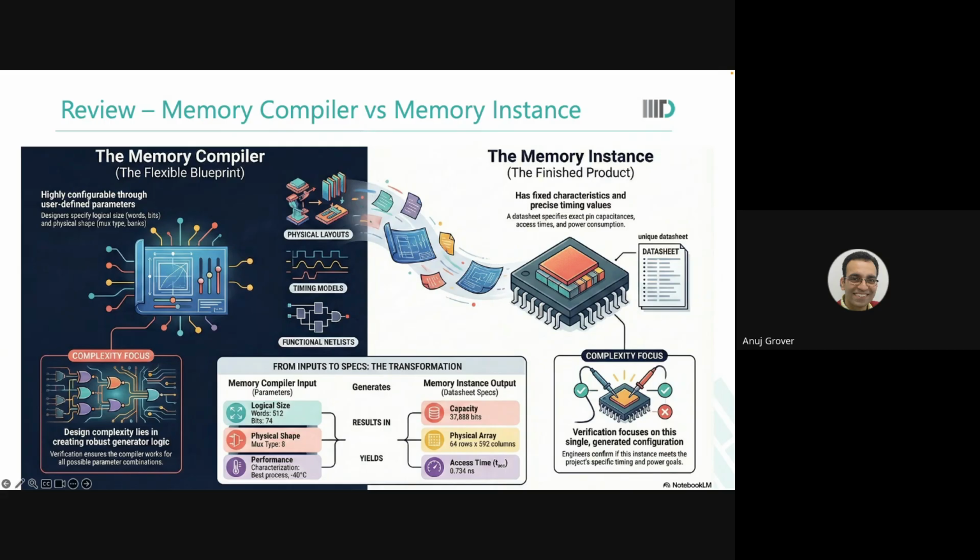He did mention that SSTA is done and .libs today have variation information in them. So today, the .libs also have sigma and mean values listed in them, so that I do not need to leave any additional margin for variation when I do my final sign-off.